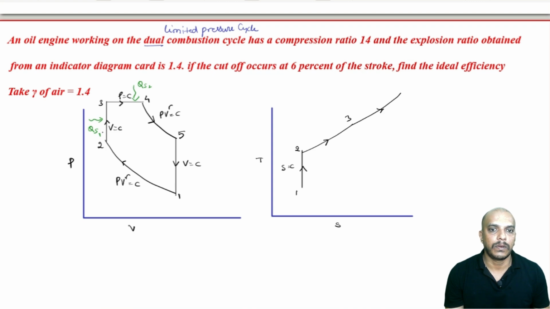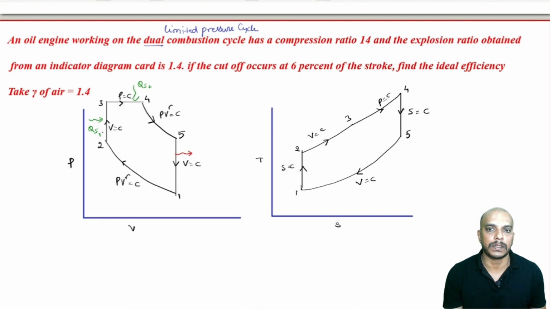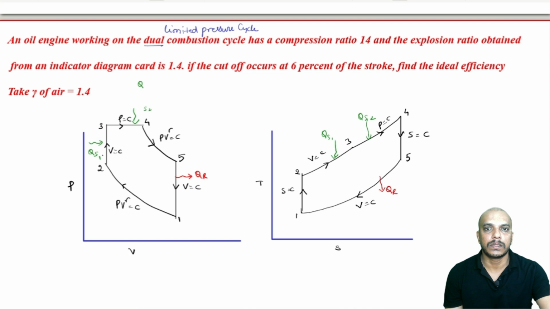Then 4 to 5 is reversible adiabatic expansion, then we are back from 5 to 1, which is constant volume heat rejection. Here this will be QR, this will be QS1 and this will be QS2. So, this is the cycle.